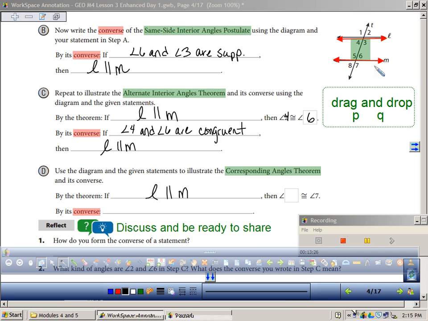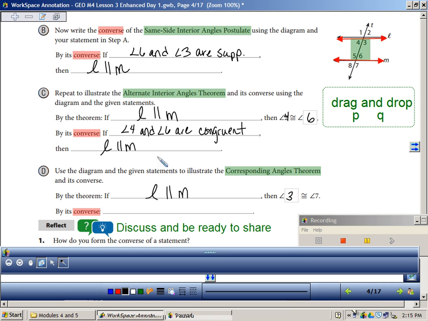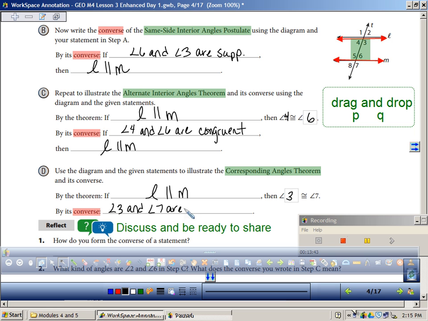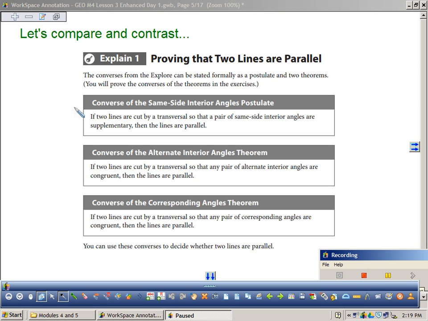It's the same? Okay, so 7 is congruent with what? 3. Good job, guys. All right, let's do the converse. If angle 3 and angle 7 are congruent, then L is parallel with M.